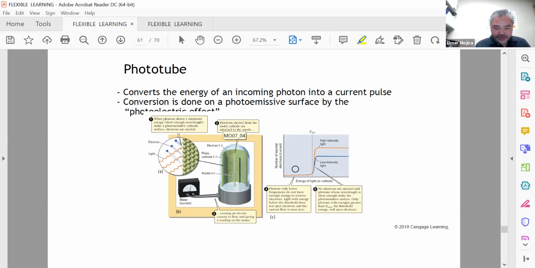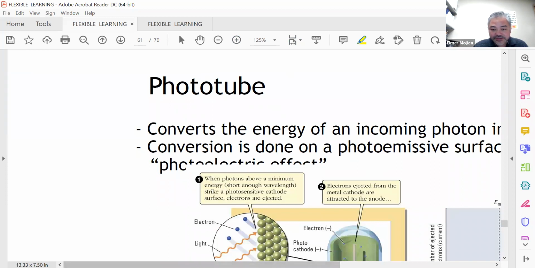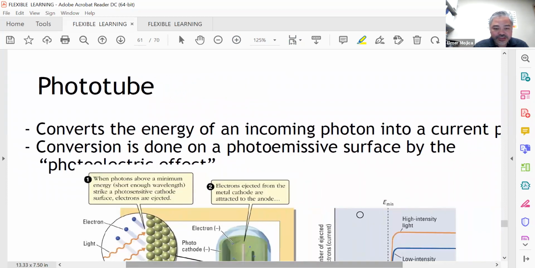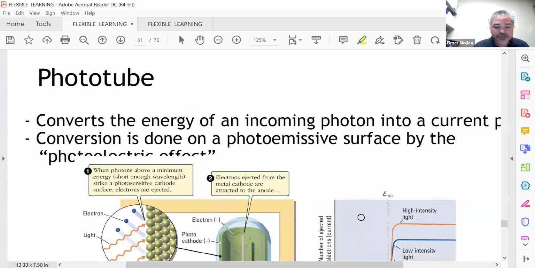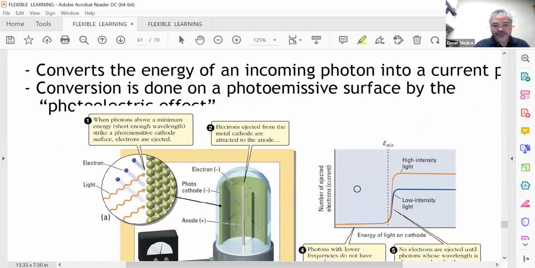Okay, so if you're going to look at the mechanism, when photons above a minimum energy, or short enough wavelength, strike a photosensitive cathode, the electrons are ejected.